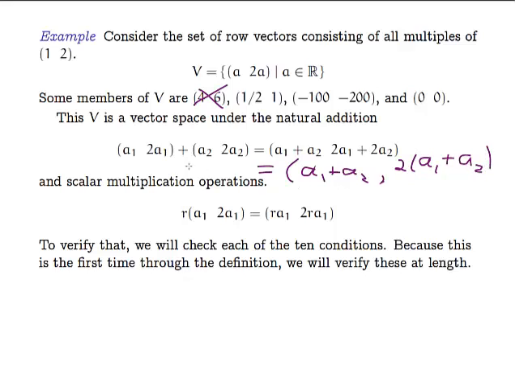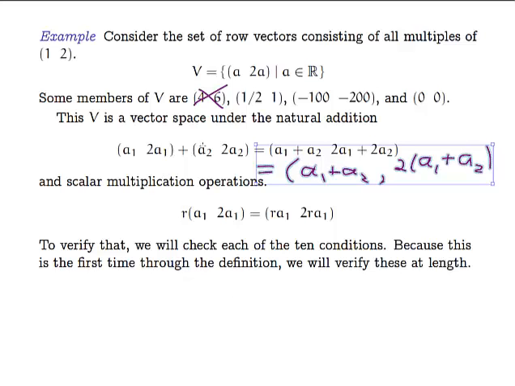Okay, so this sum of vectors that both have this form also has the same form, that the second component is twice the first. Now if I multiply any vector of this form (a, 2a) by r, then this is still true. The second component is twice the first.